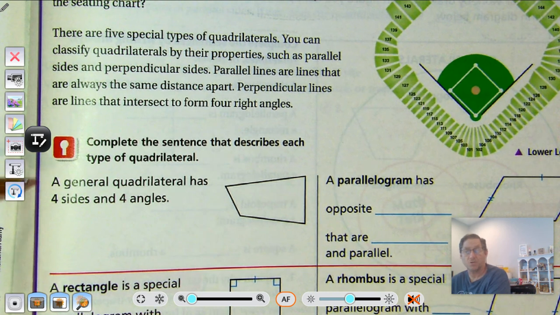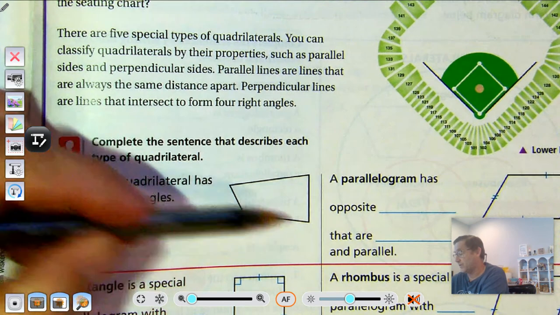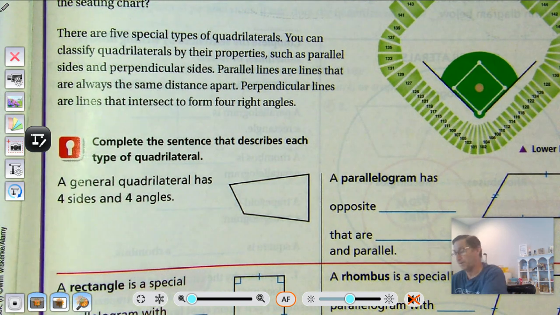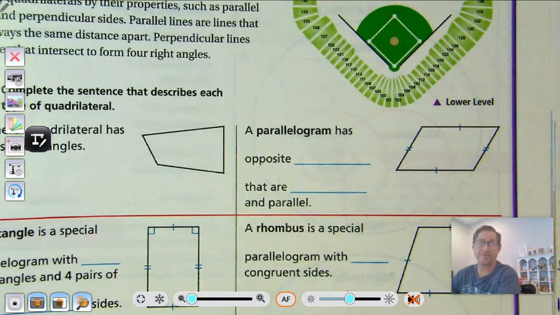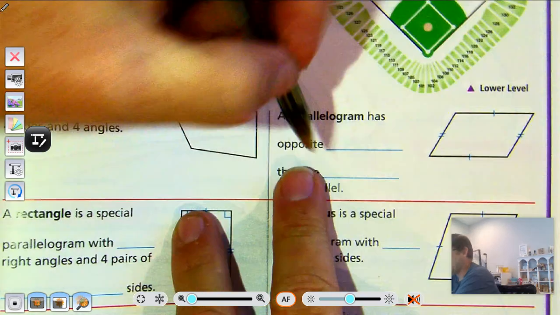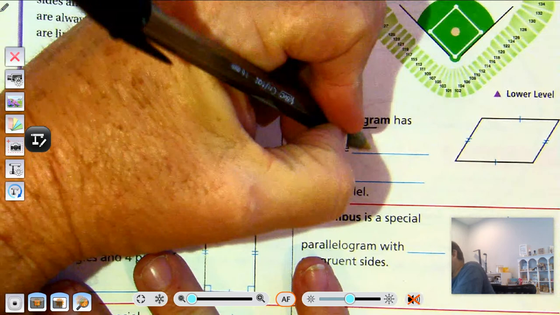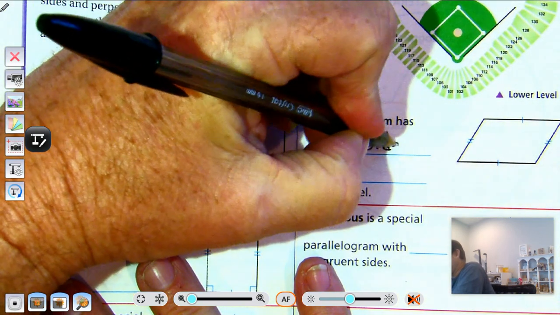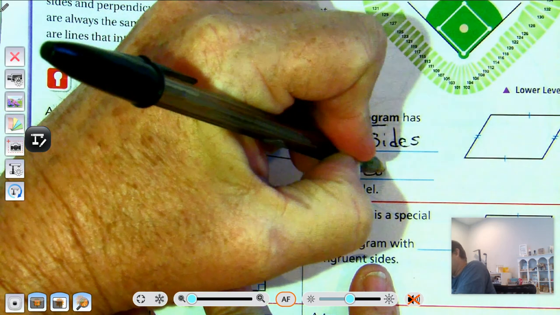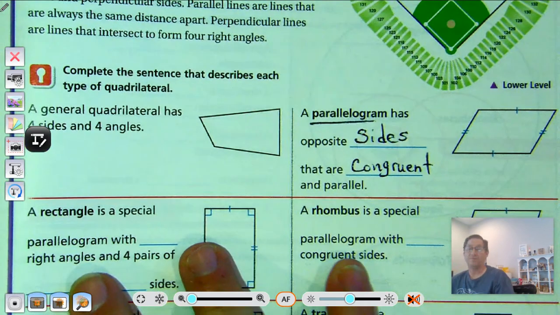All right, so a general quadrilateral is something that has 4 sides and 4 angles. 1, 2, 3, 4 angles. So that's general. Any four-sided figure can be called a quadrilateral. One name is a parallelogram, and it has opposite sides that are congruent and parallel.